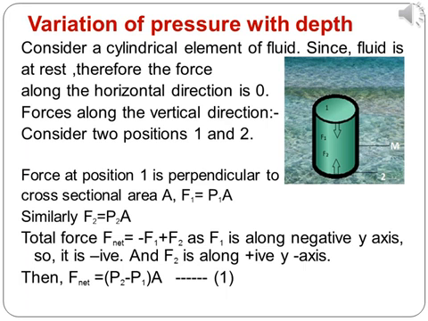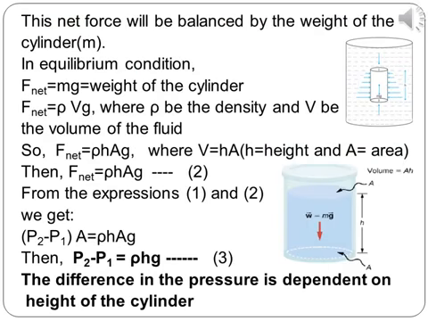Then F net is equal to P2A minus P1A, which is equal to (P2 minus P1) into A. This is expression 1.